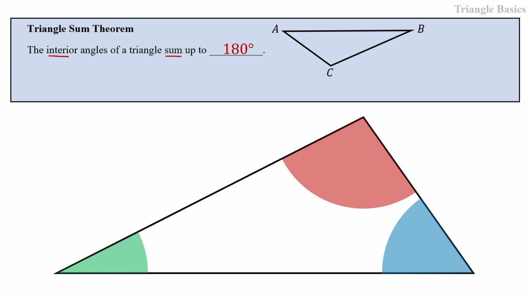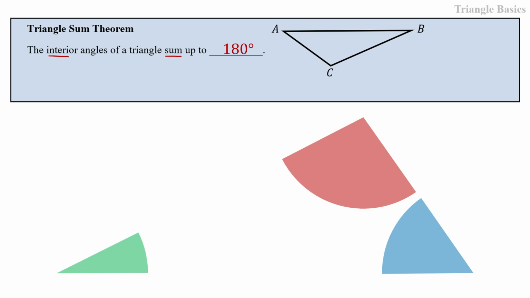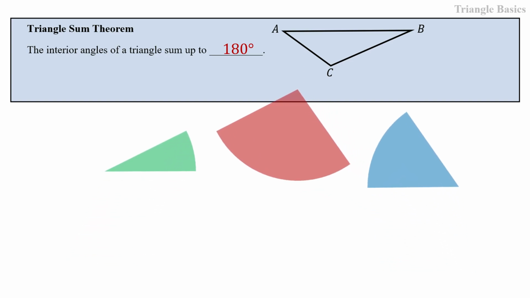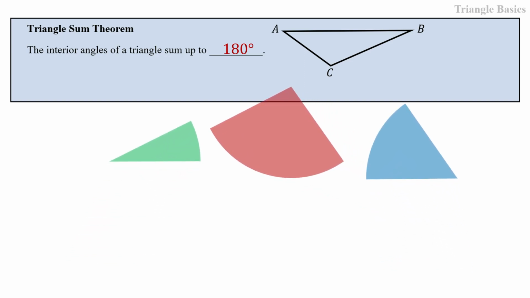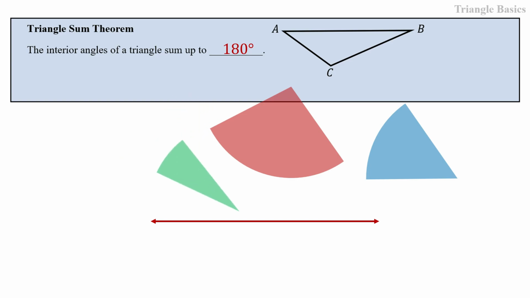If you remember correctly, a 180 degree angle makes a straight line. So if I put all three angles adjacent to each other, they should make half a circle, which is 180, or basically a straight line. For example, I'm going to move that green one like so. That green one is acute by itself, so it's not 180 yet.